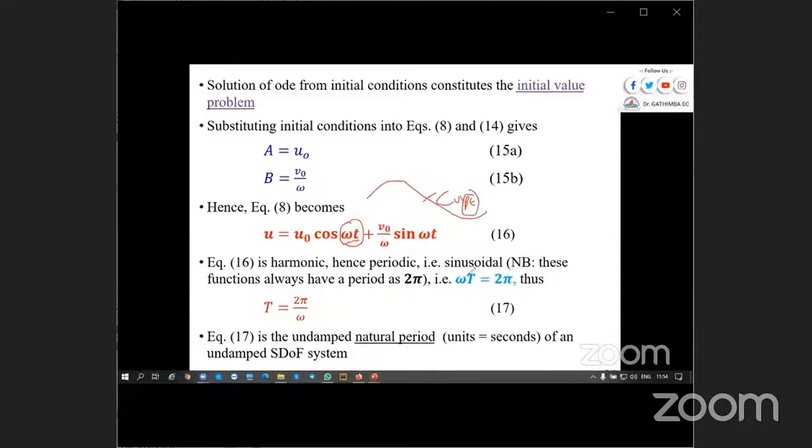We make this capital T, the period, so omega T is equal to 2 pi, because it is a sinusoidal wave. So the period is given by 2 pi over omega. Equation 17 is the undamped natural period, and the unit is seconds, for an undamped single degree of freedom system.